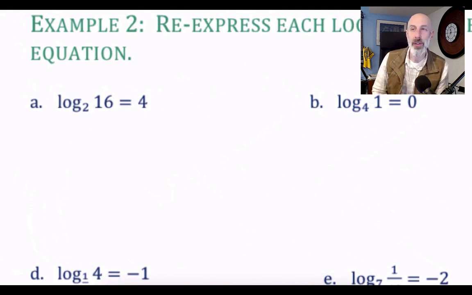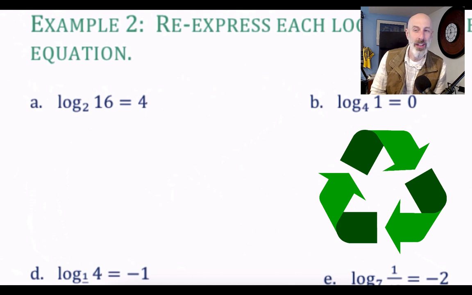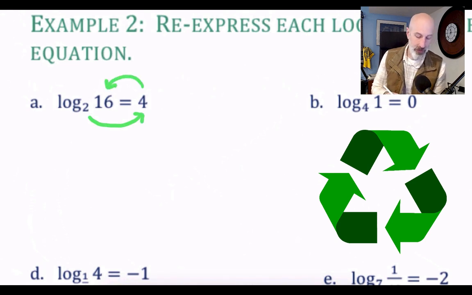Whenever I think of converting these, I always think of the recycle symbol. It's like on the side of your recycling containers at home, I'm sure, but I'll put it on the screen. It looks like this. I always replicate that when I'm rewriting these. And I start with the base 2 and say that 2 raised to the 4th power is equal to 16.